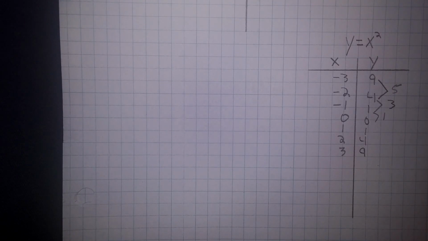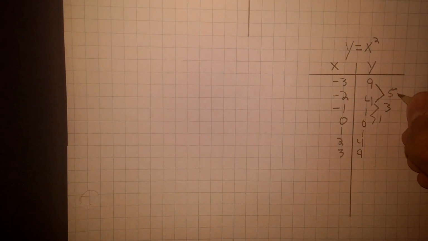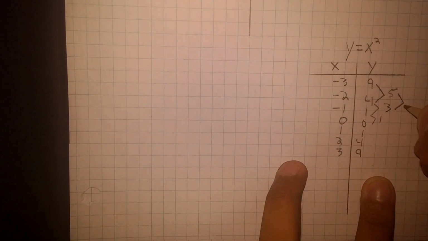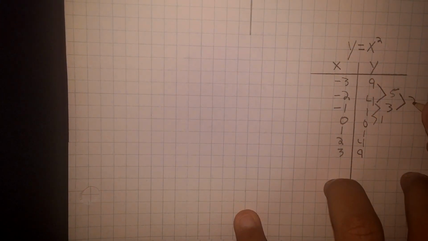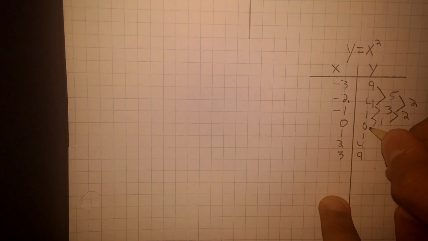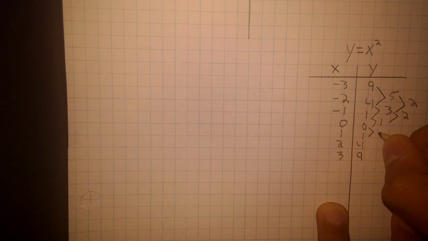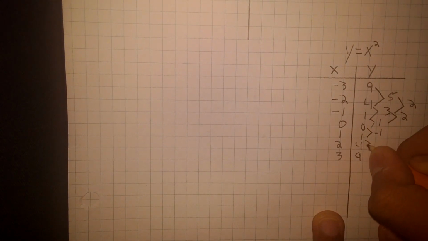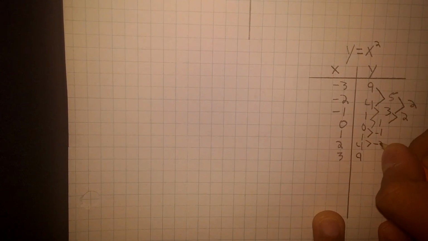So, how will we know if it's a quadratic relation or not? Let's check the second differences. What's 5 minus 3? 2. What's 3 minus 1? 2. Over here, what's 0 minus 1? -1. What's 1 minus 4? -3.